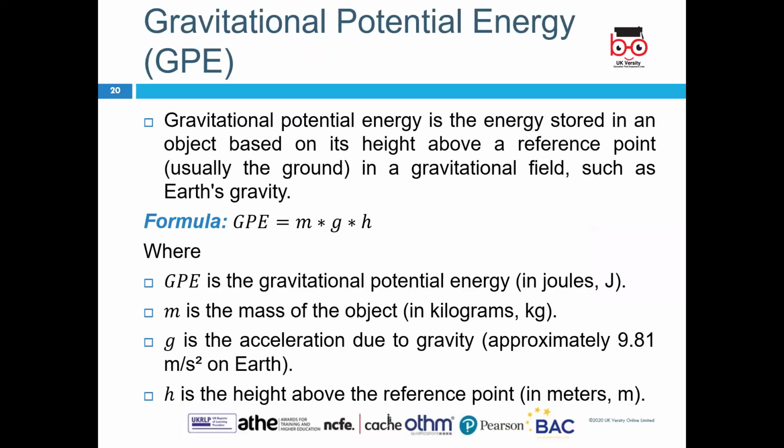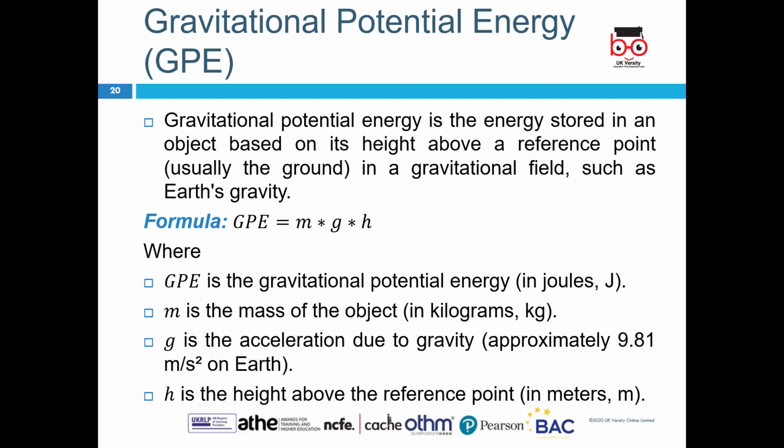So the first one is gravitational potential energy. Gravitational potential energy is the energy stored in an object based on its height above a reference point, usually the ground, in a gravitational field such as Earth's gravity. So the formula for gravitational potential energy is equal to mass into acceleration due to gravity into height above the reference point.